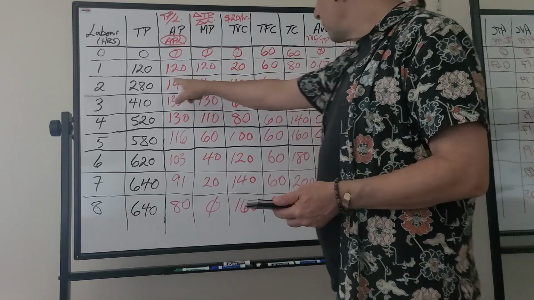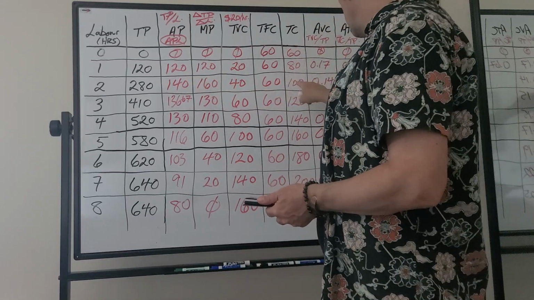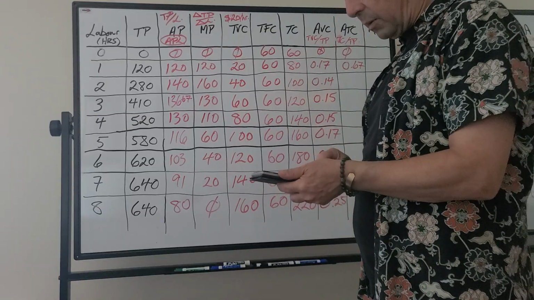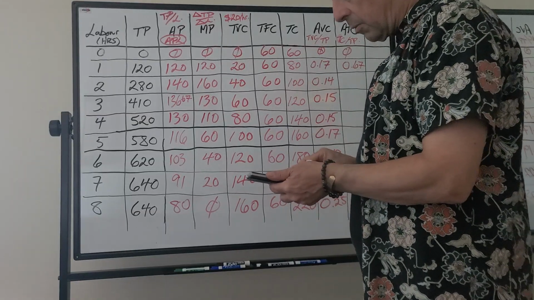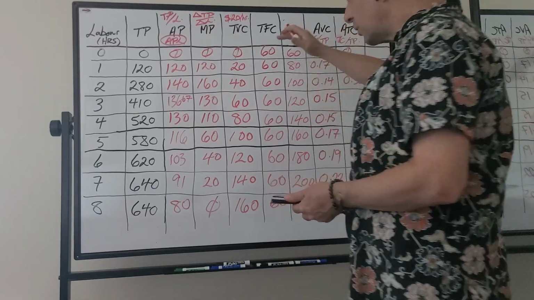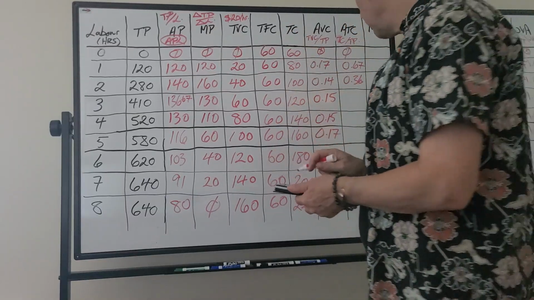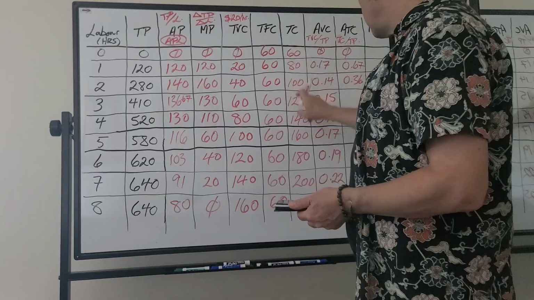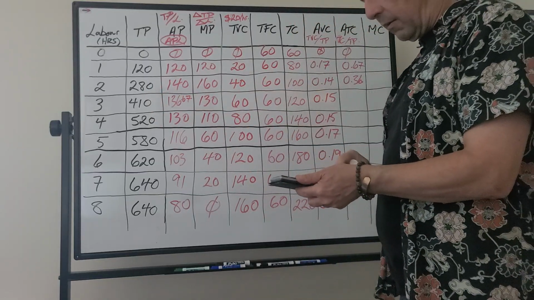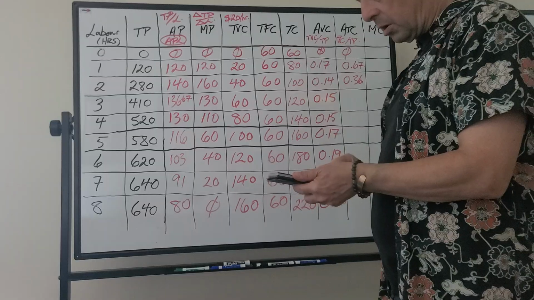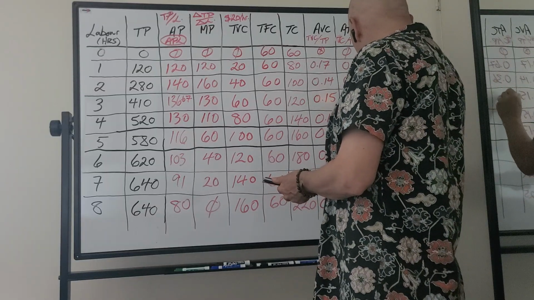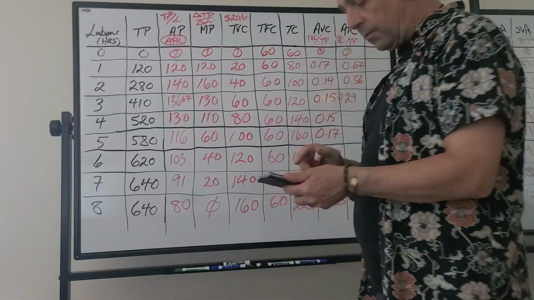Okay, then we've got total cost of 100 divided by 280. So 100 divided by 280 equals about 36 cents. You know, dramatic decrease there. But then we're going to say, okay, total cost of 120 divided by these 410. 120 over 410 equals 29 cents, 0.29.